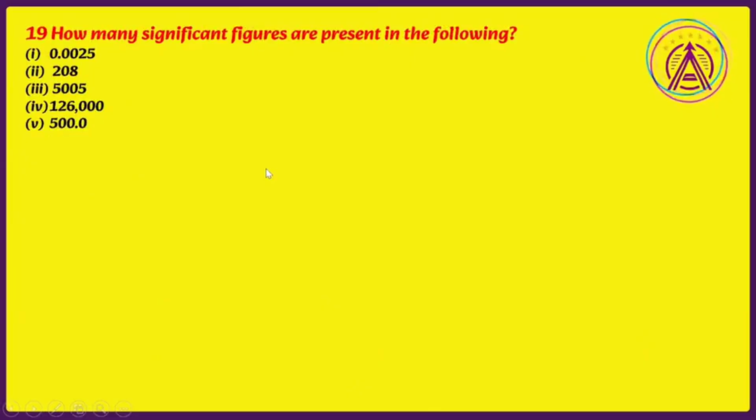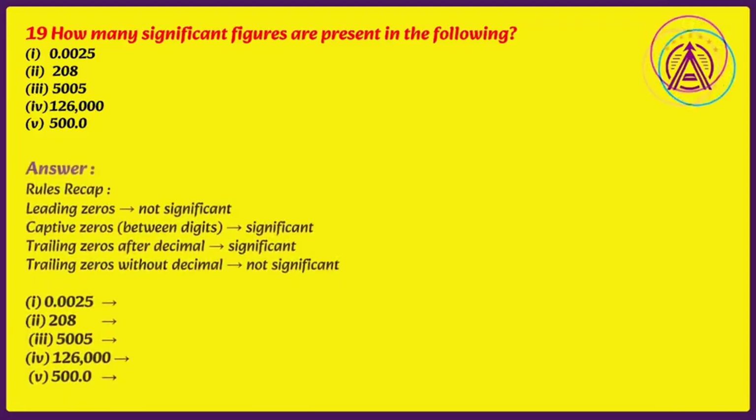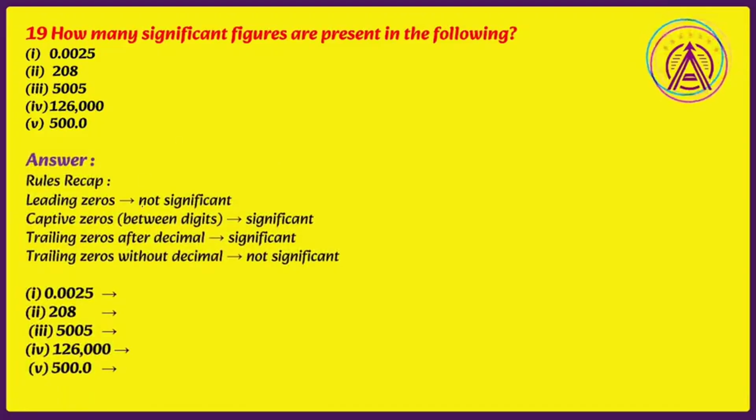Question number 19. How many significant figures are present in the following? The significant figures, I told you, give you good information about the accuracy in your measurement. Again, let's quickly have a recap of what figures are considered significant. Leading zeros are not significant. So zeros before your non-zero digits are always not significant. Captive zeros, that is in between your non-zero digits, are always significant.